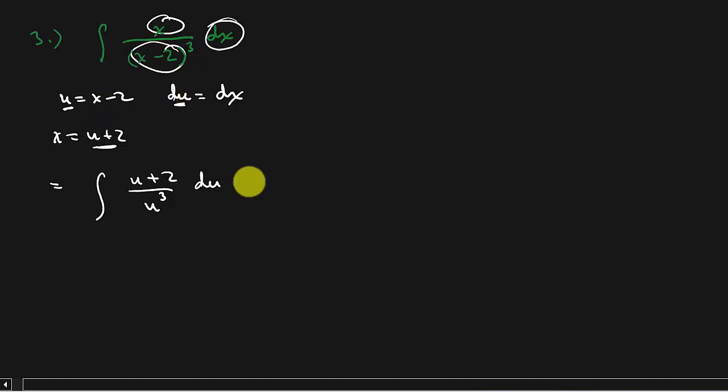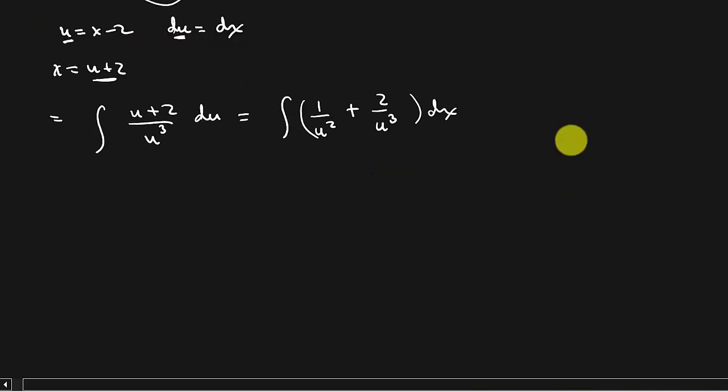got replaced with du. And so now we've got the integral of 1 over u squared, right? u over u cubed is 1 over u squared, plus 2 over u cubed du. And so now this is going to be the integral of u to the negative 2 plus 2u to the negative 3 du.